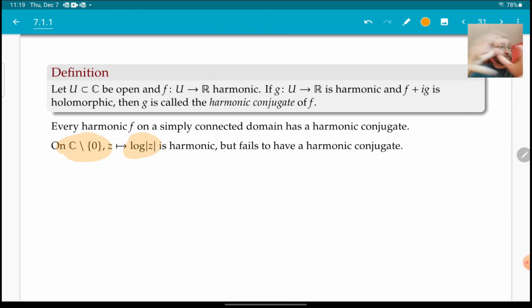Well, locally it's the real part of a branch. I don't have a branch defined globally, but near any point I have a branch of the logarithm, and log of mod z is the real part of it.